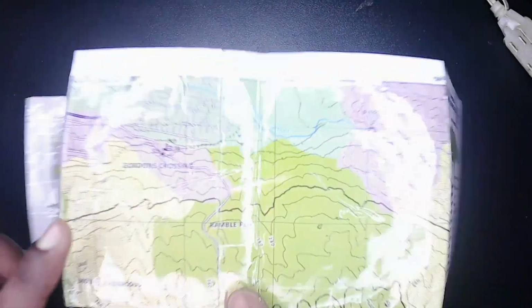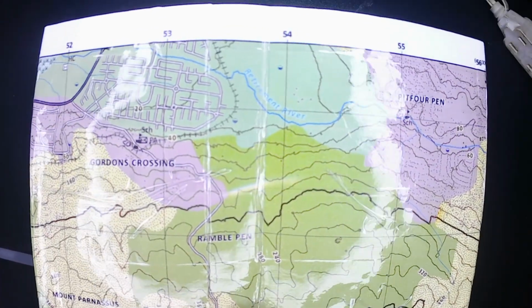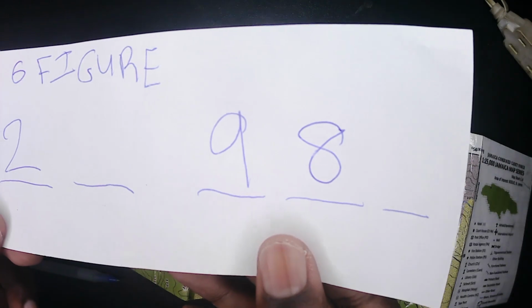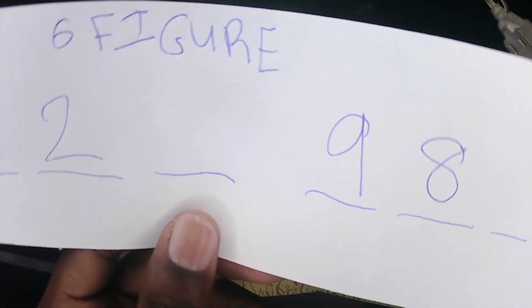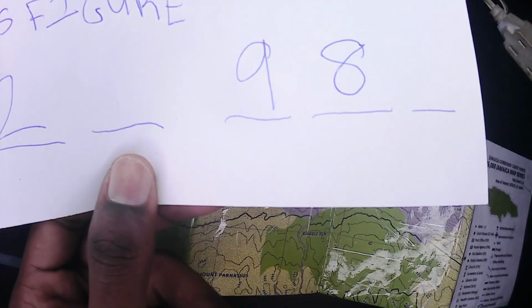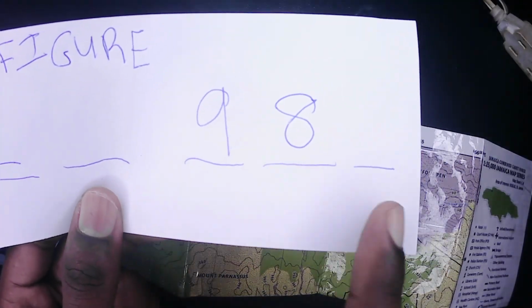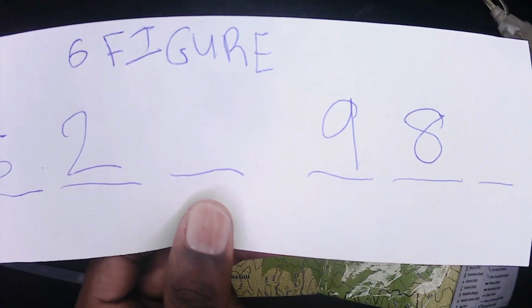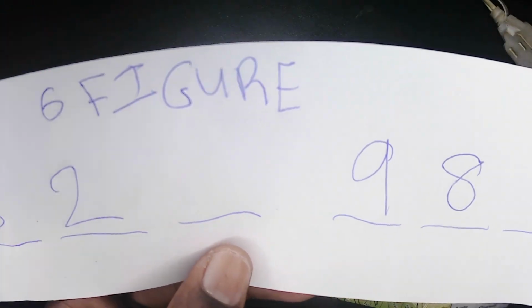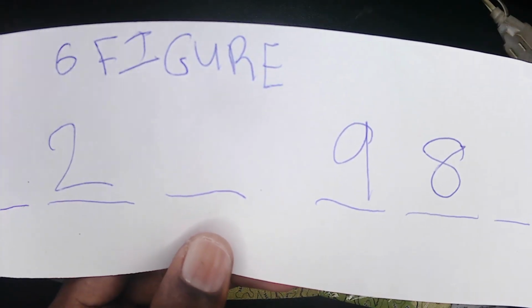And for this school, we determined the four-figure grid reference to be 52, 98. Now, as you can see here, I have six-figure and I have two blank spaces. Just like the four-figure, six-figure requires six figures.